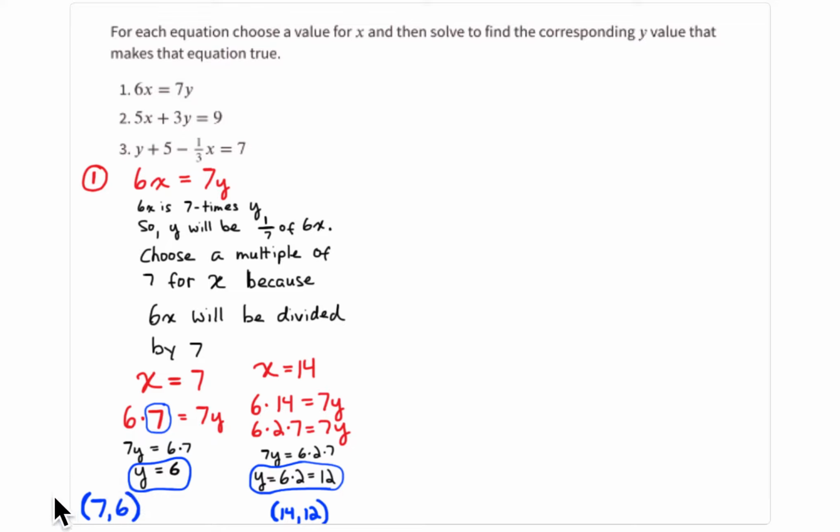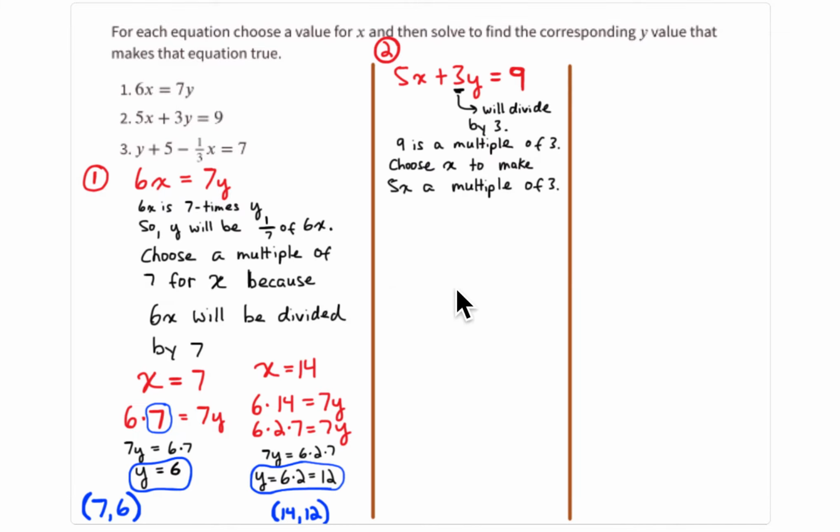We'll look at graphs of this equation in just a moment, but if I put these coordinates back into the equation up here, it will make it true. 6 times 7 does equal 7 times 6, and 6 times 14 does equal 7 times 12. So these coordinates make this equation true.